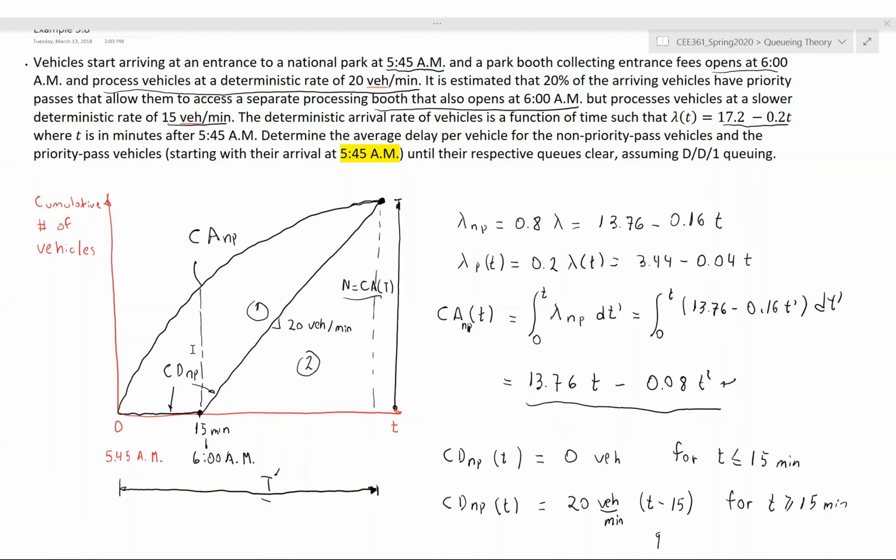So let's play like we don't know anything, and get the Q length as a function of time in this area, and the Q length as a function of time in this other area.